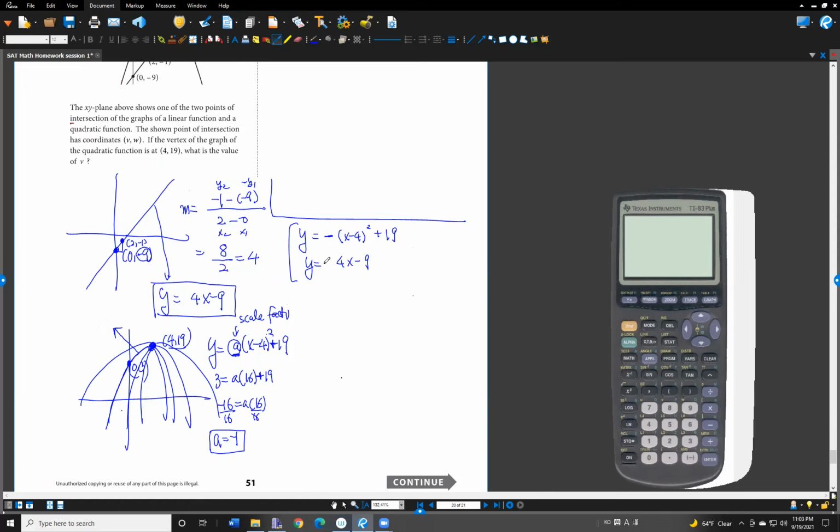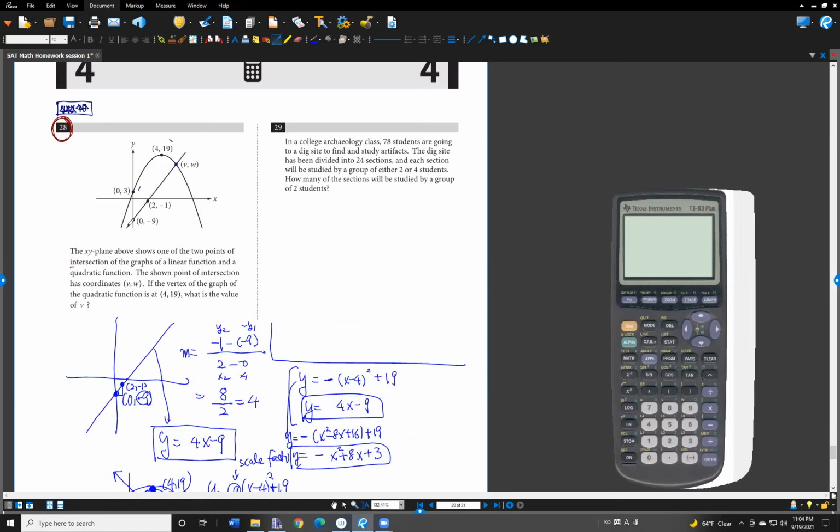The first one is negative, inside the x squared minus 8x plus 16, and plus 19. That is y. A little more: minus x squared plus 8x minus 16 over here, and plus 19 is plus 3. Okay, that's the quadratic over here. I'm going to write down this one. Now this one and this one, solve it. Okay, at this y intersection, we have one intersection with the other one down over here, right? We have two intersections.